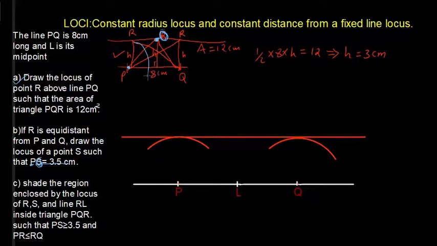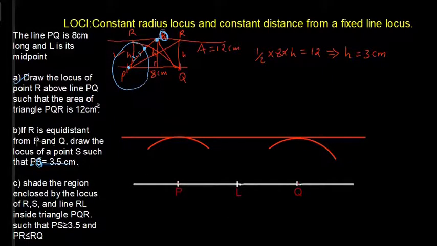So if you draw a circle round P, the circumference right there will be the locus of point S, so that the distance from P to a point S on this circumference is 3.5 centimeters. So the next task here is to draw that locus in this diagram here.